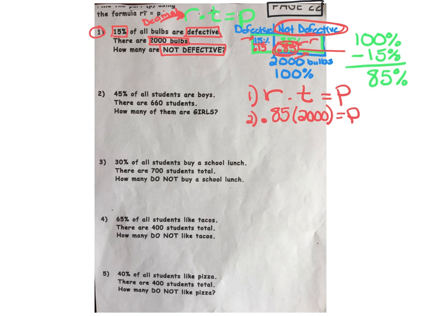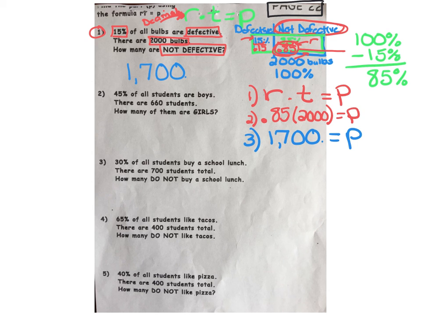Take a moment, grab your calculator, and punch into your calculator 0.85 times 2,000. You can see that the answer to this question is 1,700 bulbs are not defective. 1,700 are not broken.